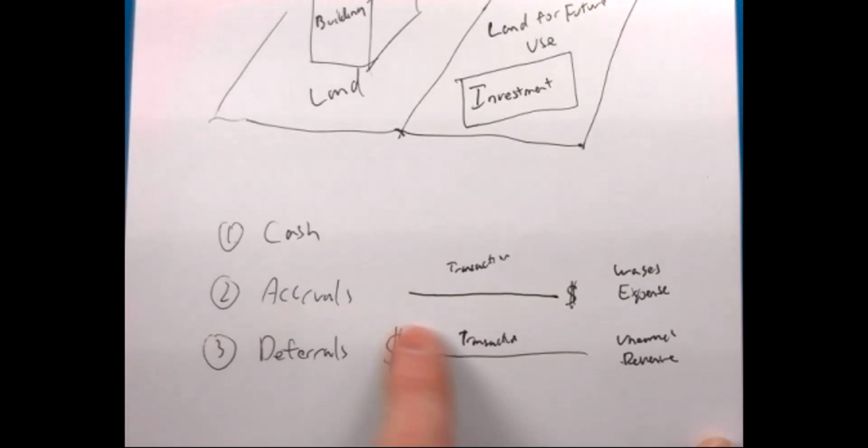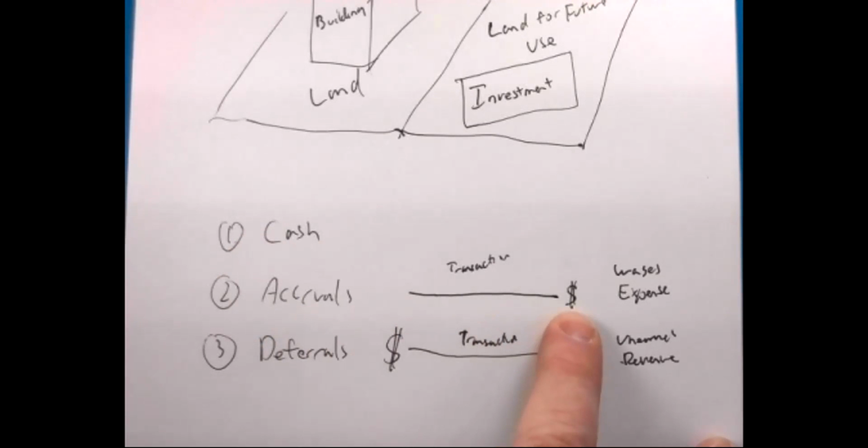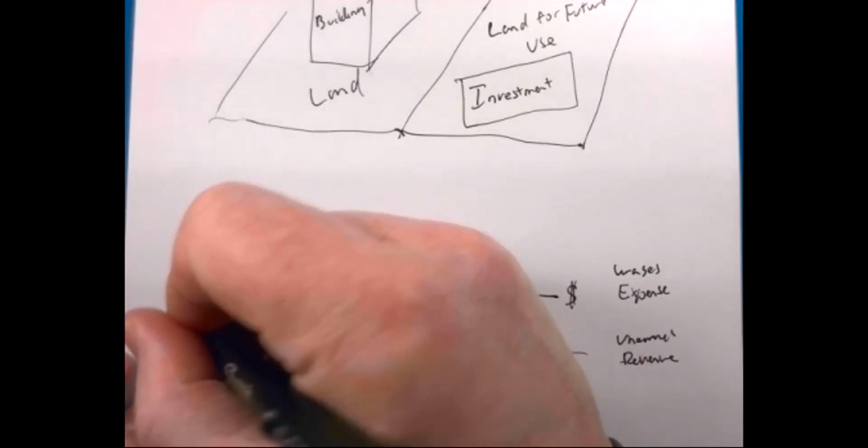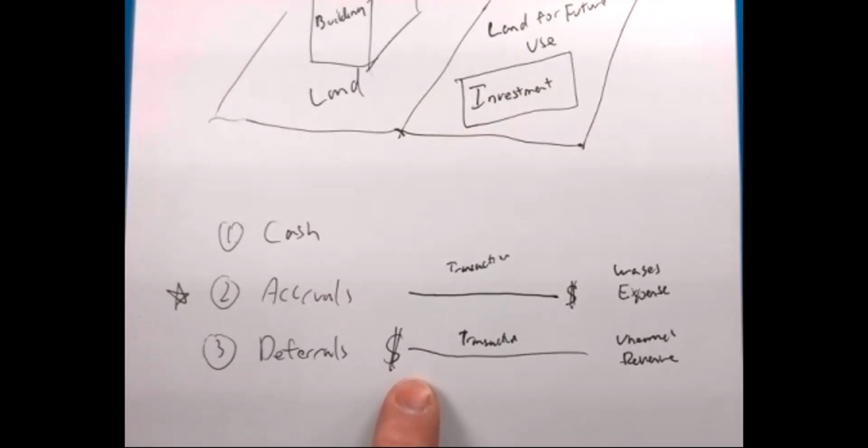All right. Accounts receivable would be an accrual. You made the sale, you did the work, you haven't got paid yet. So an accrual would be, for instance, if you did work and hadn't got paid yet. So accruals and deferrals are the two, and they call this accrual accounting.